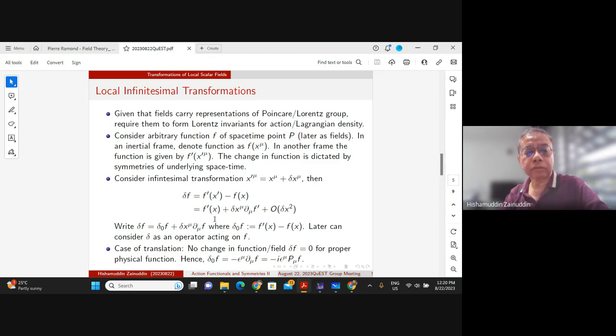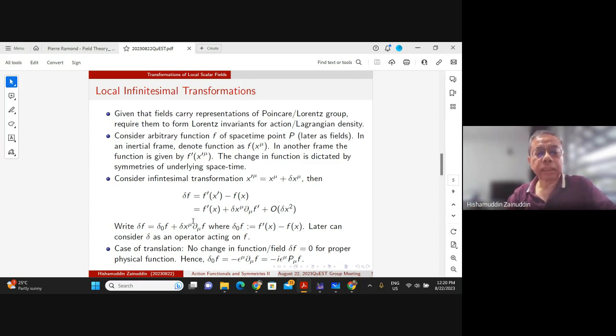So there will be a function, I think I've left out f(x) over here. Yeah, there should be another minus f(x) here. So one could actually write that as delta not f. So delta not f measures the changes in the functional form.